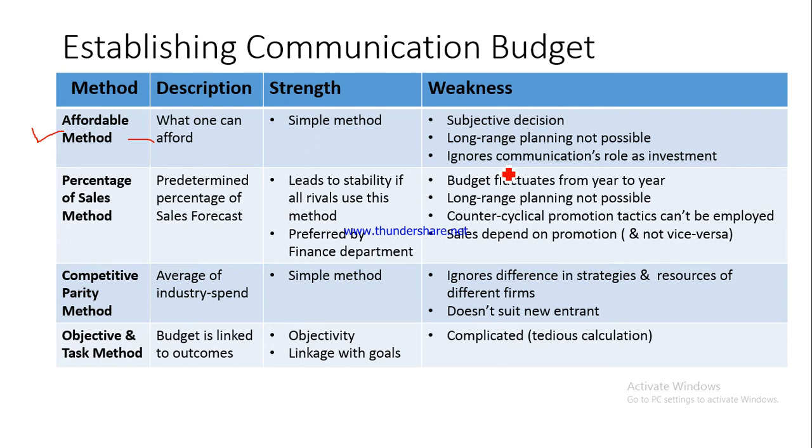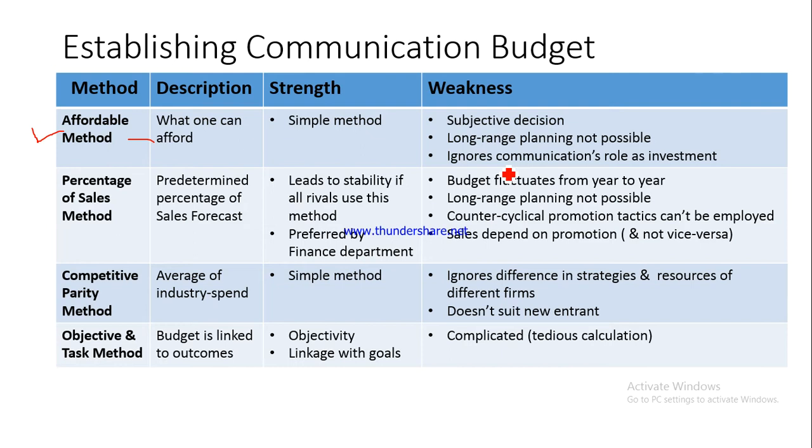It does not think of communication as an investment, because when you are spending money on your communication campaign, you are making an investment with the expectation of some future outcome, and the future outcome that you are expecting is increase in sales, increase in goodwill, more trials by new customers, repeat purchases.